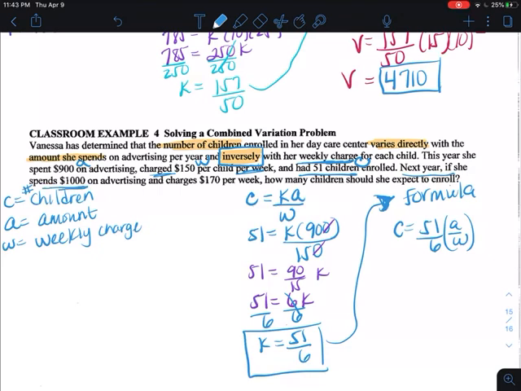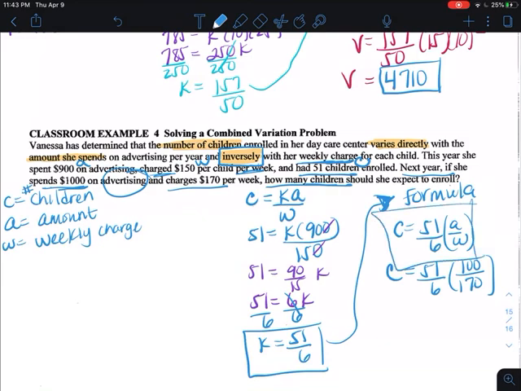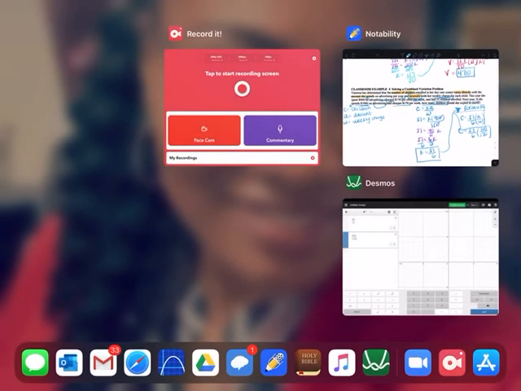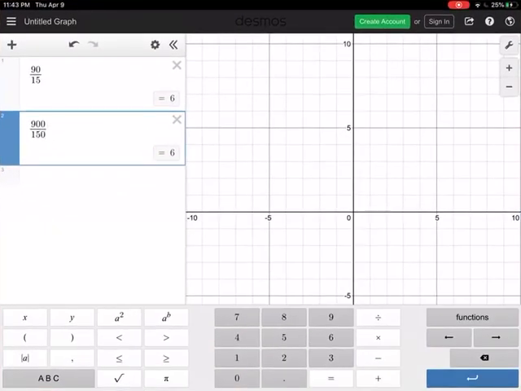So it says next year, if she spends $1,000 on advertisement, so that's A. So the 1,000 goes here for A. Charges $170 per week, that would be my 170 here. How many children should she expect to enroll? So when I multiply these two fractions together, that's going to give me my final answer. This is the formula, and now I'm trying to get the final answer. So multiply this times 1,000 over 170.